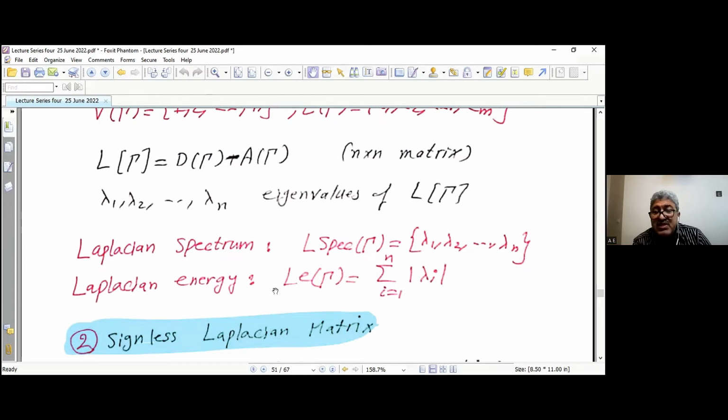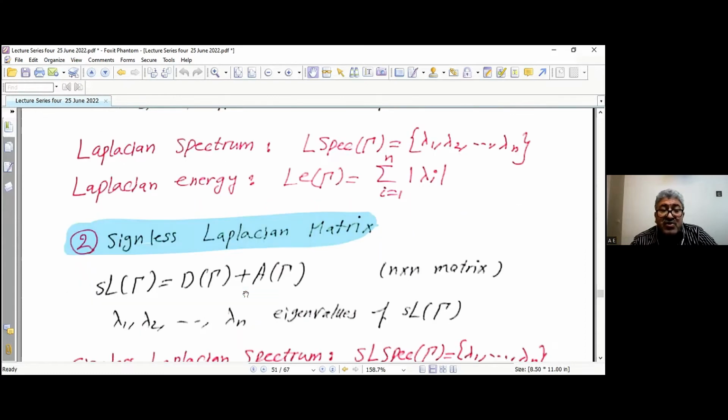This is another energy, because the energy I mentioned earlier was the sum of all eigenvalues for the adjacency matrix. Here it is the sum of absolute values of eigenvalues of the Laplacian matrix. We denote the Laplacian energy by LE of gamma.